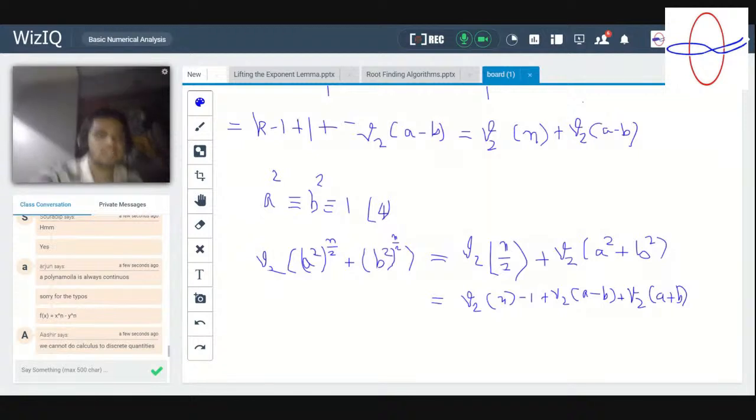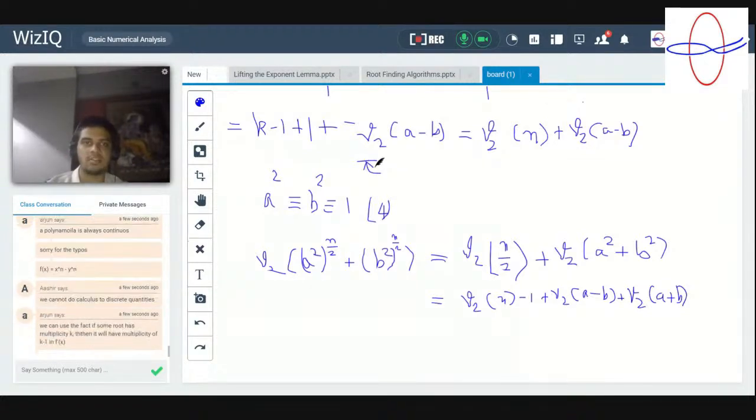Yeah, f of x is definitely continuous, but this, the v2 function or vp function, is defined only for integers, right?